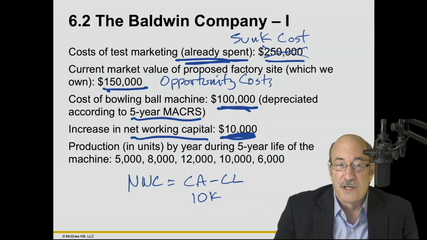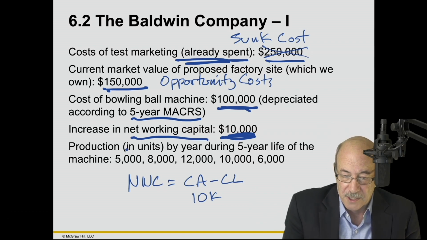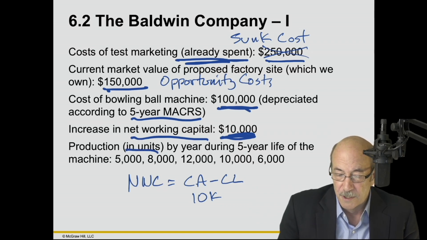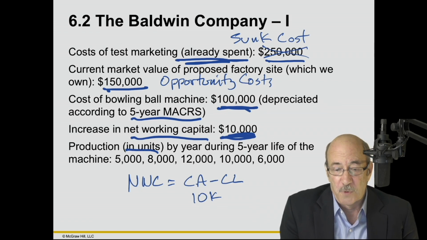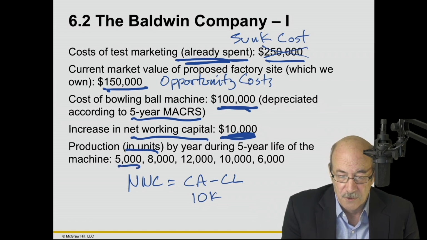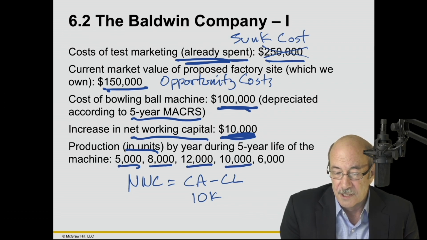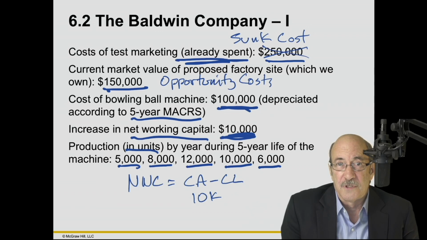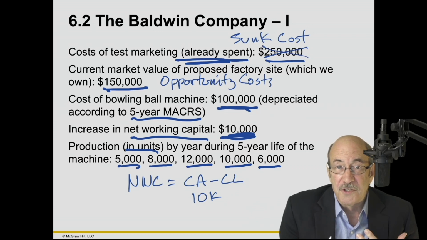And then here is some information about the expected production per year over the 5-year life of this project. So the first year we'll produce 5,000 bowling balls, then 8,000, then 12,000, 10,000, and then taper it back down to 6,000 in the 5th year. All right. So this is the part of the setup.